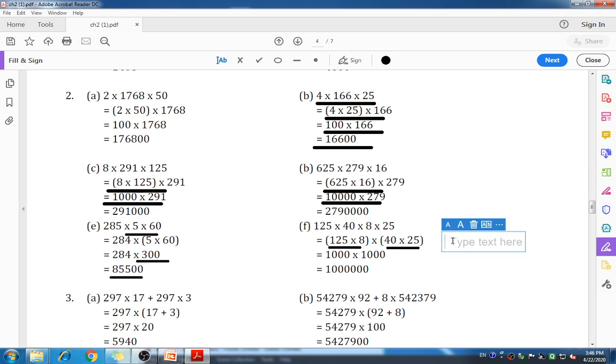Or instead of that, we can also solve it this way. We can make a group of 125 into 40 in bracket, into 8 into 25.